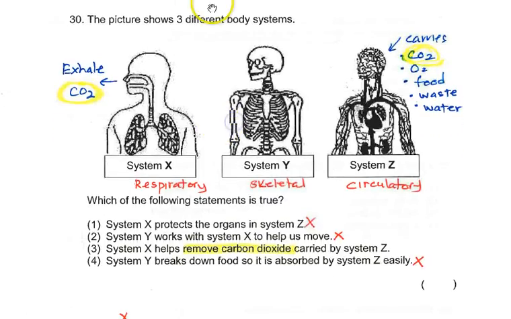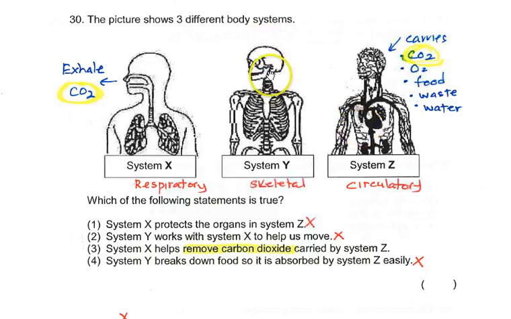Okay. This picture shows 3 different body systems. This one, exhale, CO2 coming out. Okay, and this one has something to do with the respiratory system. Now, this one is the skeletal system, circulatory system. Now, which of the following statements is true? System X protects the organ in System Z. Respiratory system protects organ in this.